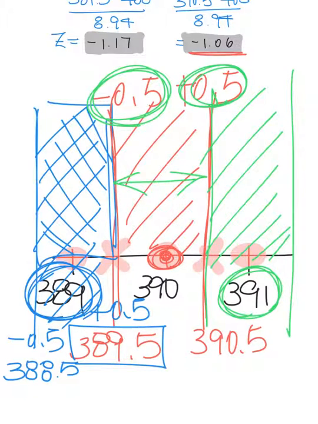Then take the two z-scores, take two probabilities from the z-table, and subtract. Finally, the answer is the approximated probability, actually for the binomial distribution. Is it good?